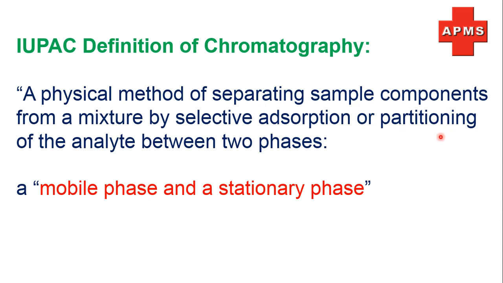The component which has more adsorption will move slower inside the column or stationary phase, and the one with very low adsorption or very low partition will move faster inside the stationary phase.